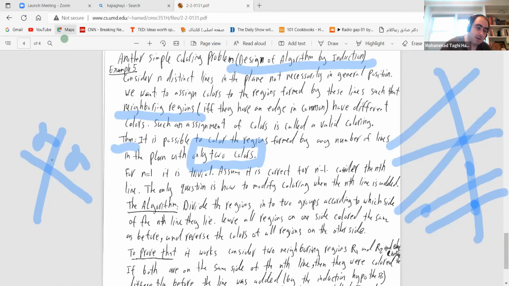And we want no two neighbors to have the same color. So these two should be different, but it is fine if we have something like this and both of them are blue, because these two are not neighbors. We only cannot have this one. This is not acceptable, that this region and this region are both blue. But if they share only one point, it is fine to have one color.